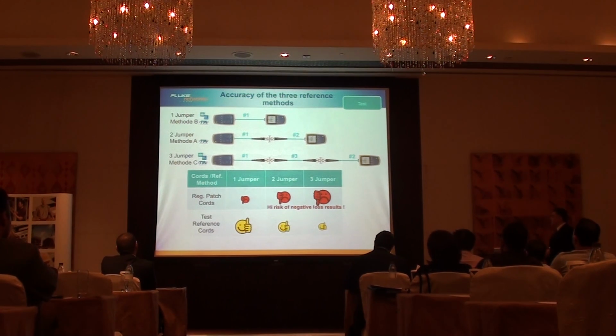Whereas if you use a TRC port, or test reference port, because of the low variability and high performance that they have, the contribution in the losses will naturally be less. And of course one port will have less variability than three port and then two port. So that's why we say this is the best way to go, especially when you go to the data centers, where you have very tight margins, very small budgets, and your bandwidth is huge.